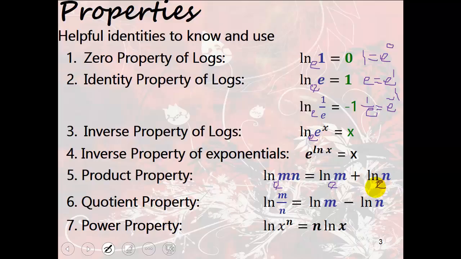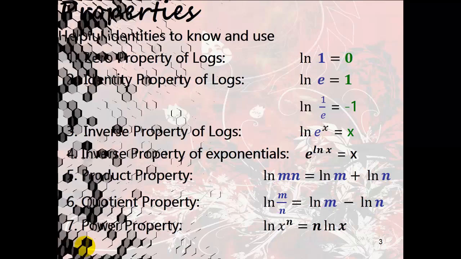My quotient property works the same way. The natural log base e of m over n equals the natural log base e of m minus the natural log base e of n, and the power property is the natural log base e of x to the n is equal to n times the natural log base e of x.